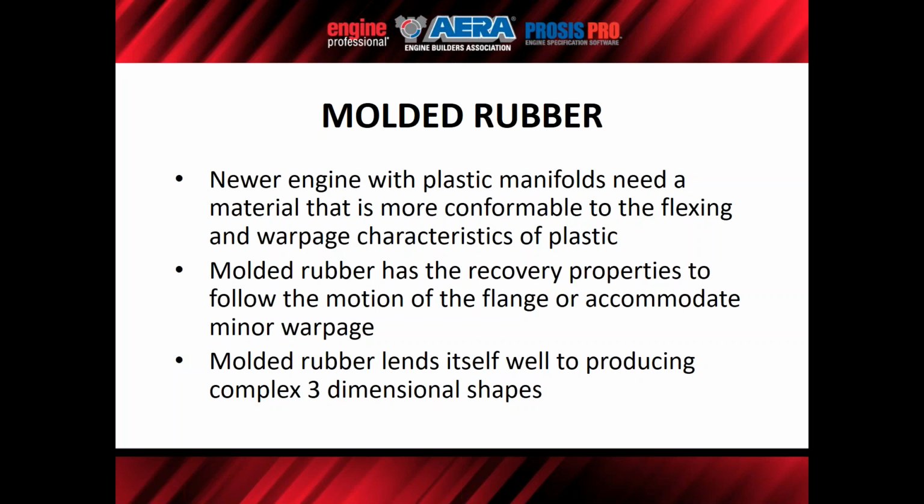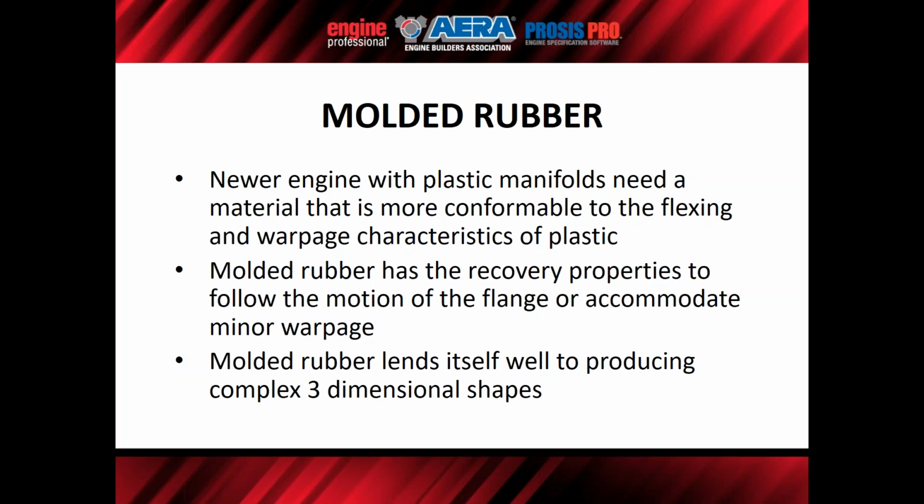All the molded rubber products have what we call a memory or recovery property that allows, as the flange moves, the rubber to uncompress and compress and stay in contact with the flange. And that contact provides enough load to keep the seal intact. So molded rubber lends itself really well to producing complex three-dimensional shapes.